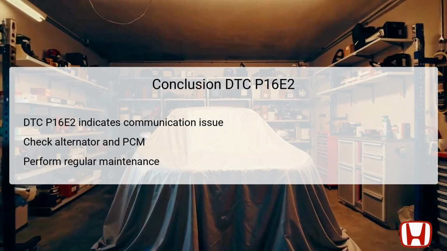Addressing potential sources like loose terminals and malfunctions promptly can save time and ensure vehicle reliability. Lastly, executing a solid preventive maintenance strategy can help safeguard against future codes and keep the electrical system in optimal condition. Understanding the roles of each component involved reinforces the significance of diligent diagnostics and maintenance in maintaining a healthy vehicle.